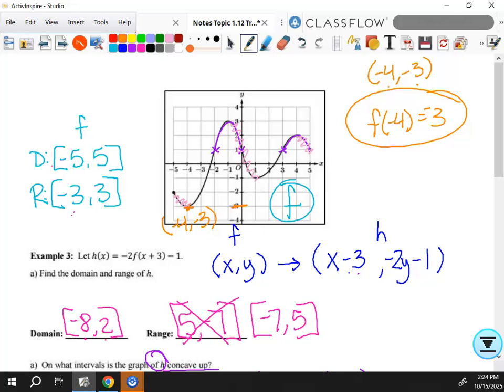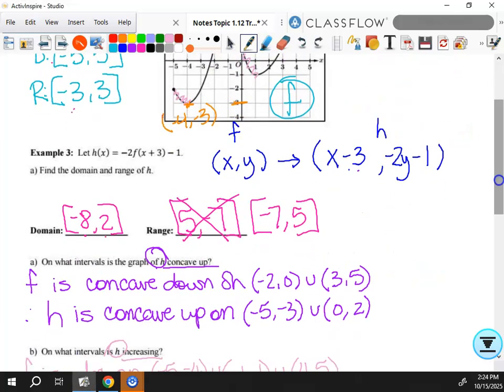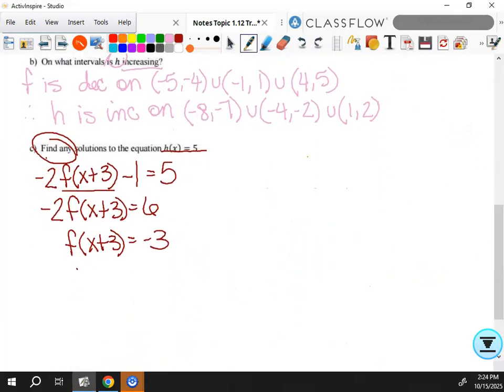Now, hopefully I can write it correctly down here because I keep writing the wrong numbers. Okay, so I'm going to write it down here. F of negative 4 equals negative 3. I'm just rewriting what was up there so that we can see it. We agree that this is a true statement, yes? And we agree that this is a true statement from what they gave us and what we did, yes? Okay, so if these are both true, then what little equation could I set up to figure out what the value of x is?